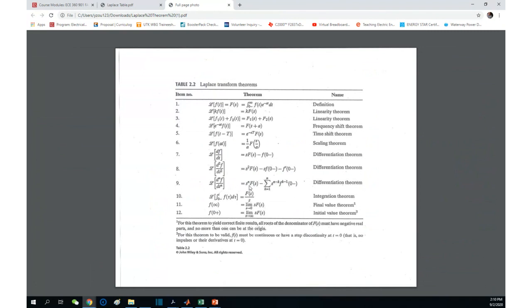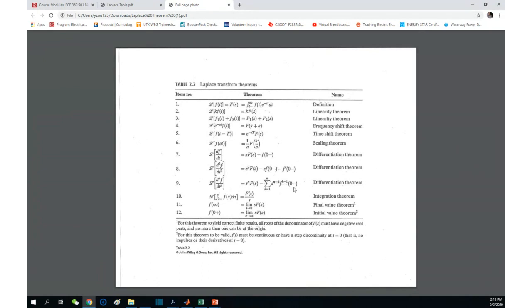It is s to the n times F of s, minus a bunch of terms in terms of initial values: f to the k minus 1 order of t at t equals 0 minus.